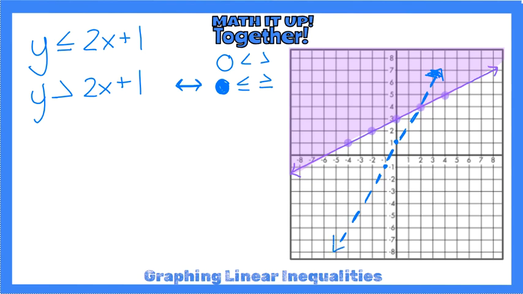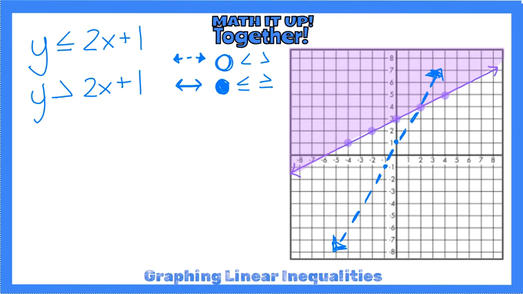Everything on one side or the other is, but the line itself is not part of it. It's very similar to what we do here. So in linear inequalities, we use a dashed line to indicate that the line is not equal to, just like the number wasn't equal to when we were doing graphing on just a number line.